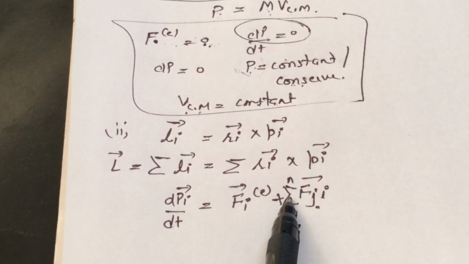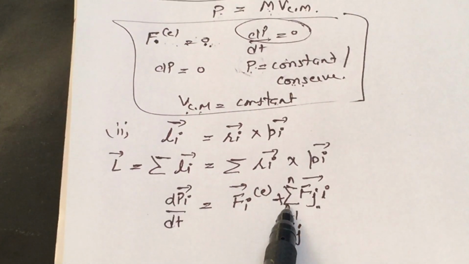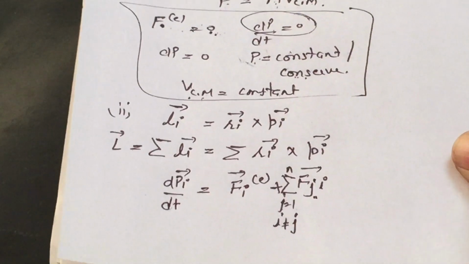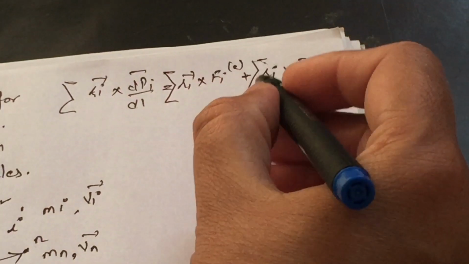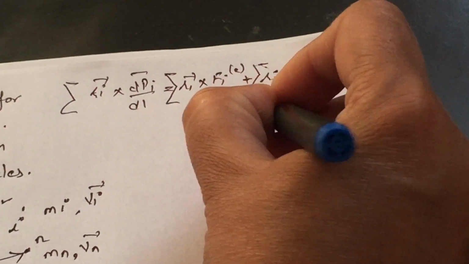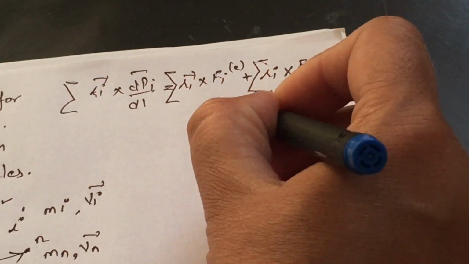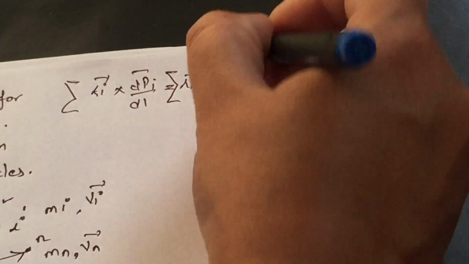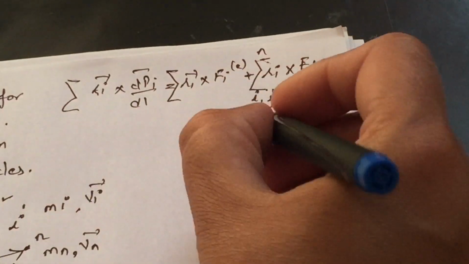Now already we have a summation, and we are again putting a summation with respect to i. It means this particular term is summed with respect to i as well as with respect to j. Here is the condition: i and j vary from 1 to n, but i is not equal to j.